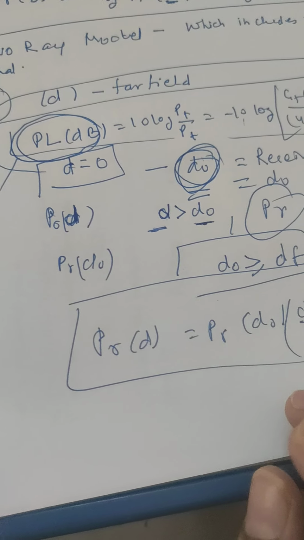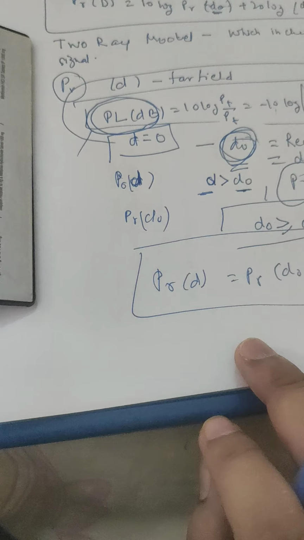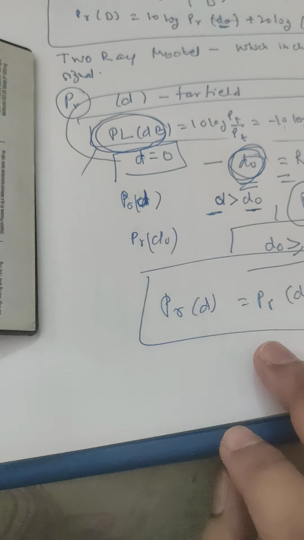It is expressed in the unit of dBm or dBW by simply taking the logarithm of both sides and multiplying by 10.